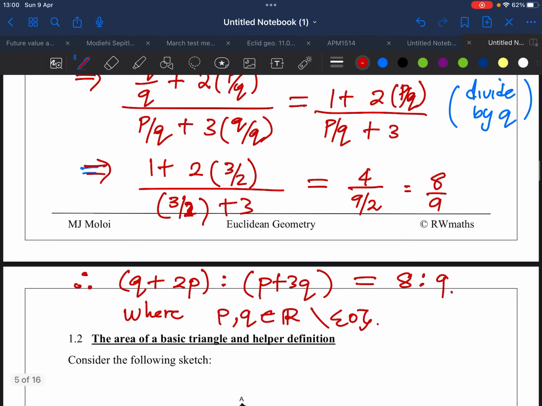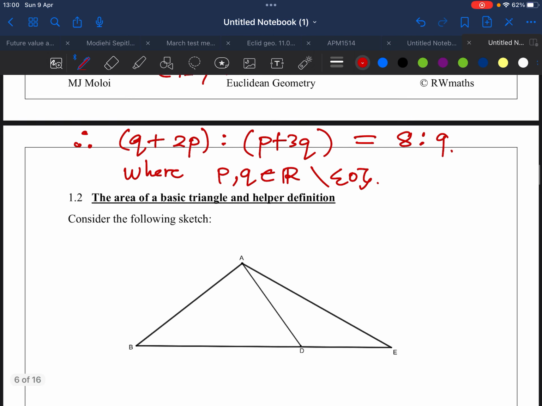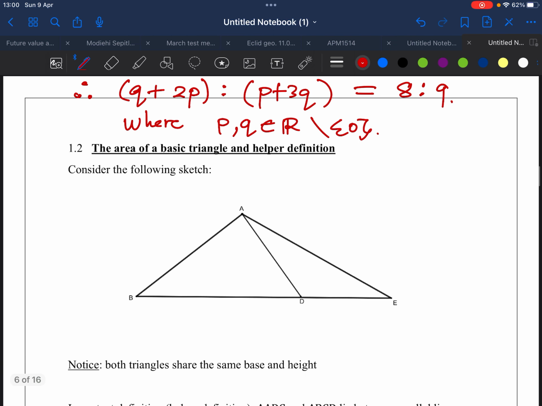All right. So now let us go to 1.2. When we get to 1.2, we are working with the area of a basic triangle and a helper definition. I'll explain further what we call a helper definition.